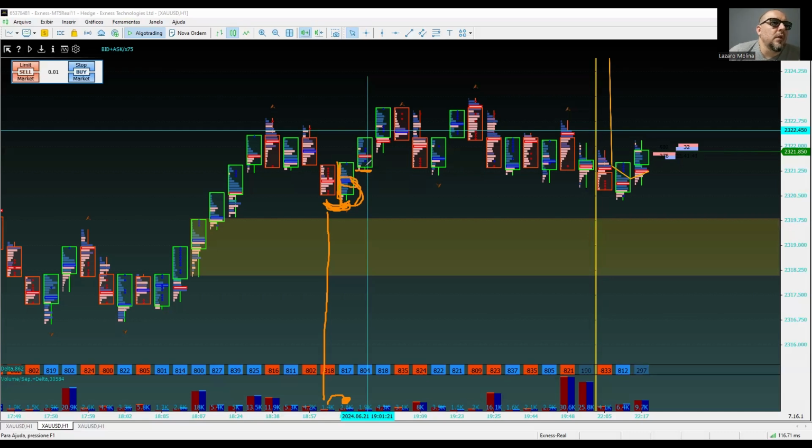Okay, it was a very good trade to do buying, and you could finish this trade here near this point of control, in the same level or 1 or 2 levels.